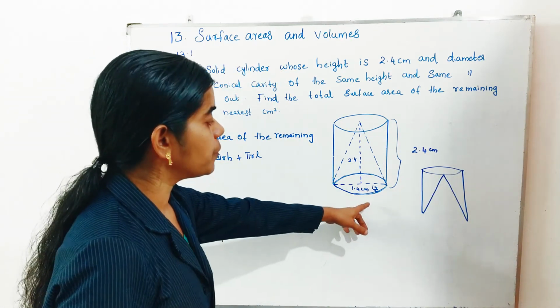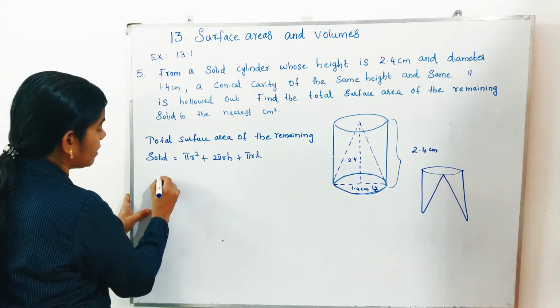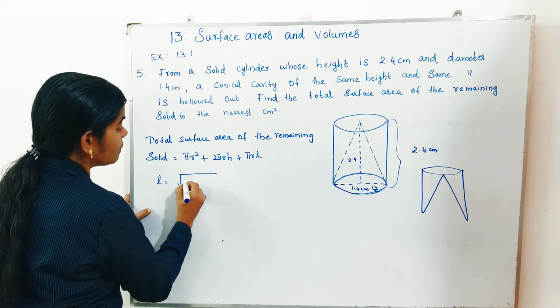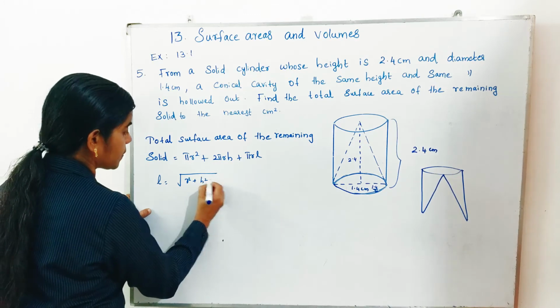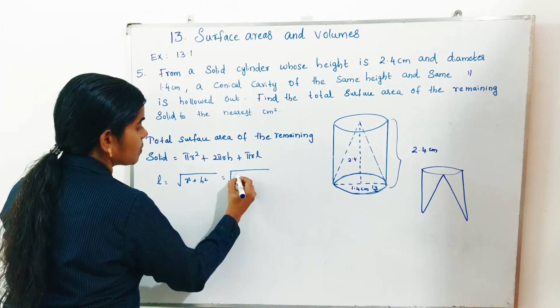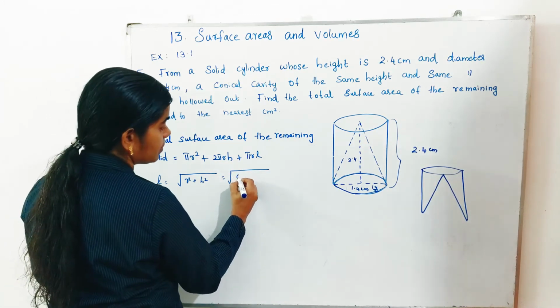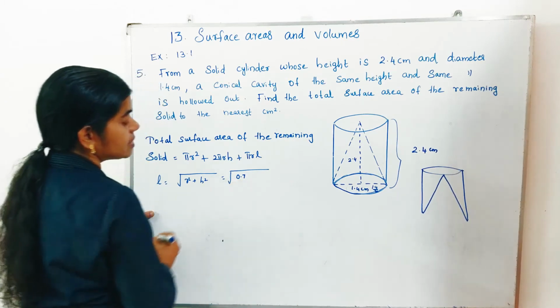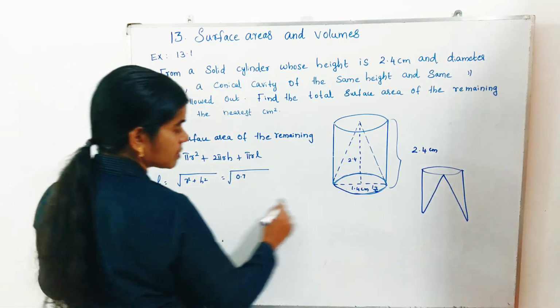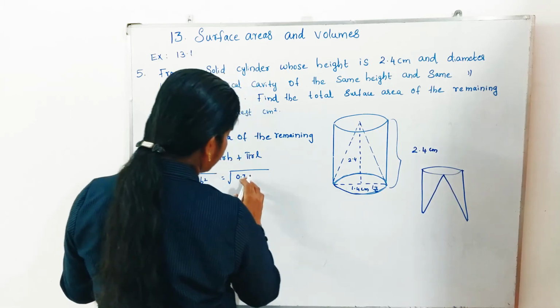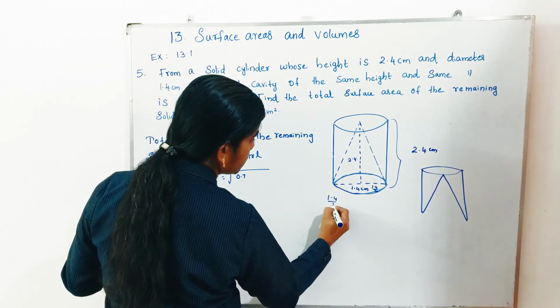Radius will be 1.4 by 2, that means 0.7. L of the cone is equal to root of r square plus h square.